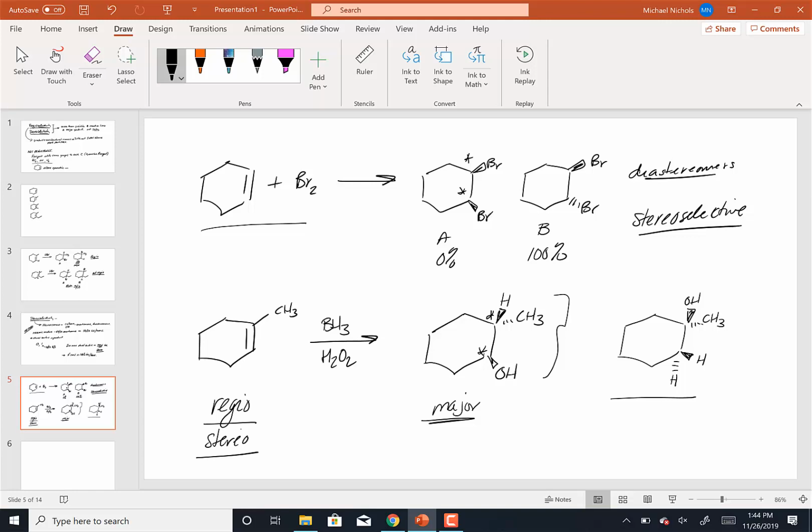Does anyone want to provide a friendly amendment to that answer? How many chiral centers are in that molecule? Don't worry, everybody falls into this trap the first time. There are 0 chiral centers in that molecule.